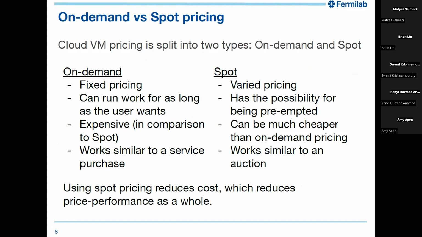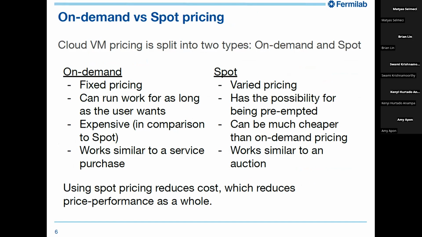Since I tested on-demand prices, it's more consistent, but you can actually get instances for much cheaper, and therefore the price to performance overall could be much more optimized with the use of spot pricing.